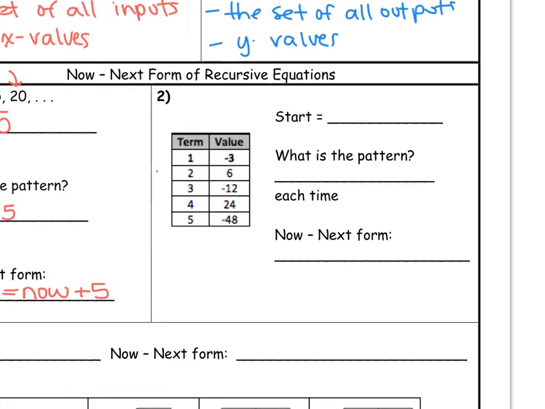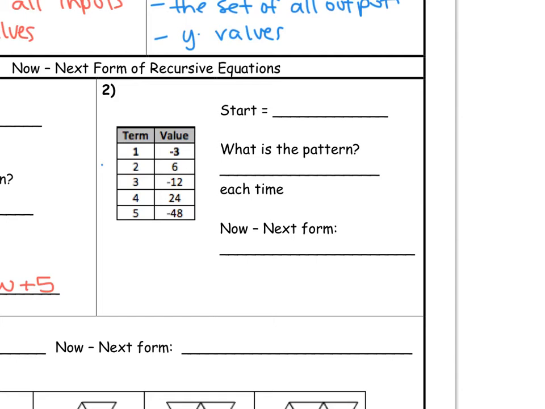So let's take a look at number 2. This sequence is written a little differently. If I were to write this sequence out like number 1, this sequence would be -3, 6, -12, 24, and negative 48. So our start is the first value in the sequence, and that's negative 3. So how are we getting from -3 to 6, 6 to -12, -12 to 24, and 24 to -48?